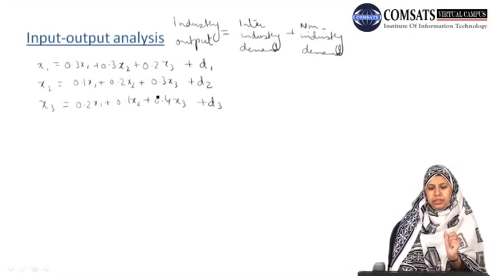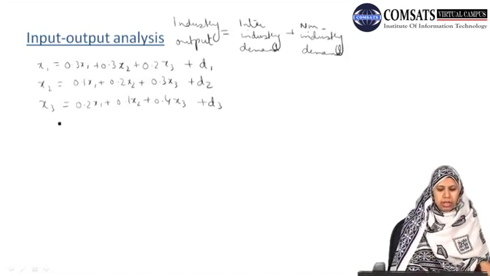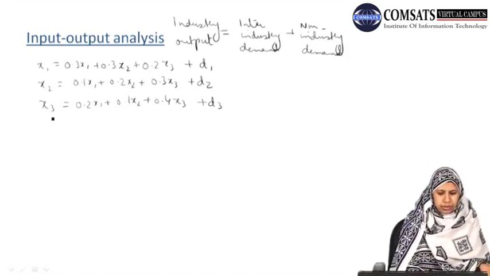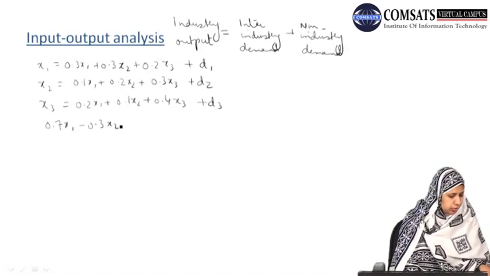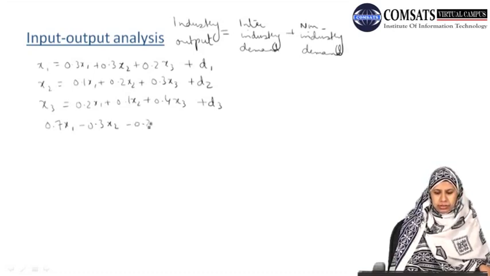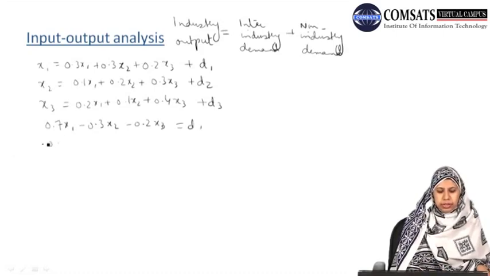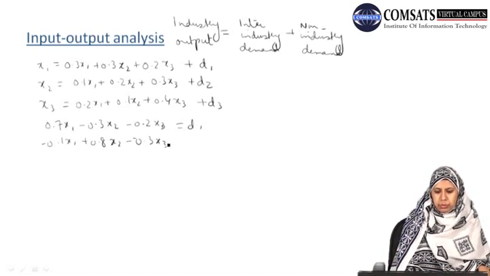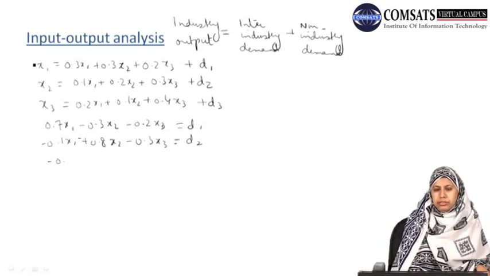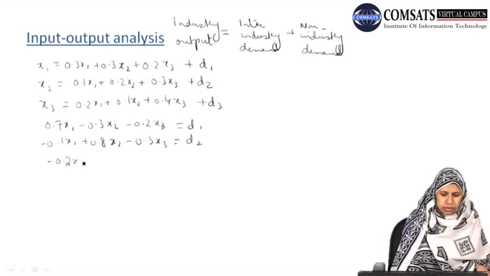We have three unknowns and three equations. We can simplify them and rewrite them as 0.7x1 minus 0.3x2 minus 0.3x3 is equal to D1, minus 0.1x1 plus 0.8x2 minus 0.3x3 equals D2, and continuing simplifying these terms, we obtained these equations.